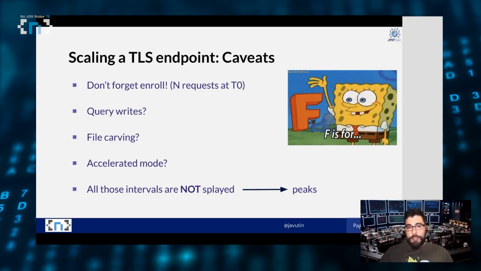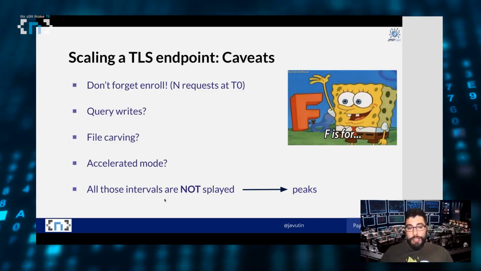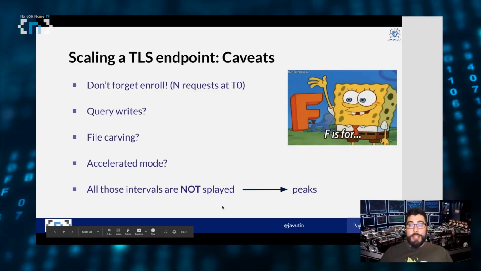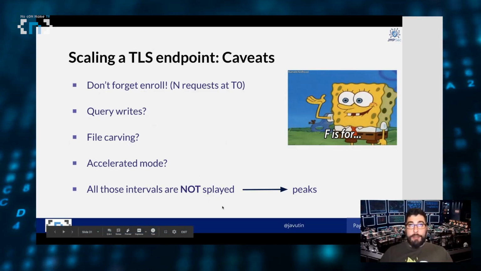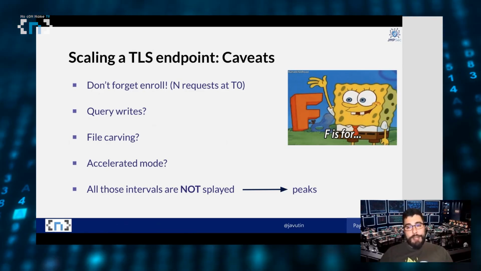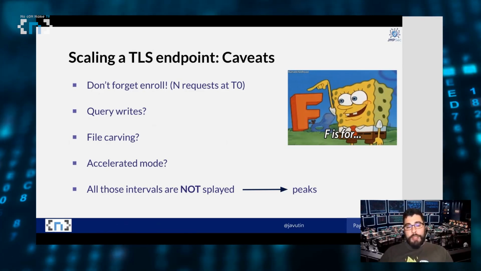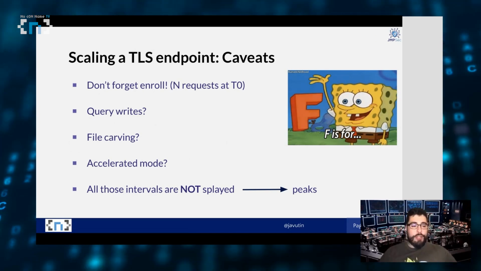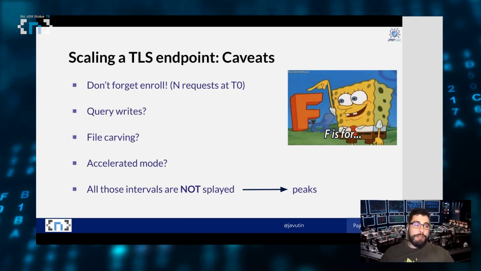And there is one important thing, which is that all those intervals aren't splayed, because by default osquery does splay the intervals of the queries, but it does not splay the intervals for the TLS endpoint. It happens very often that your infrastructure is built using Chef.